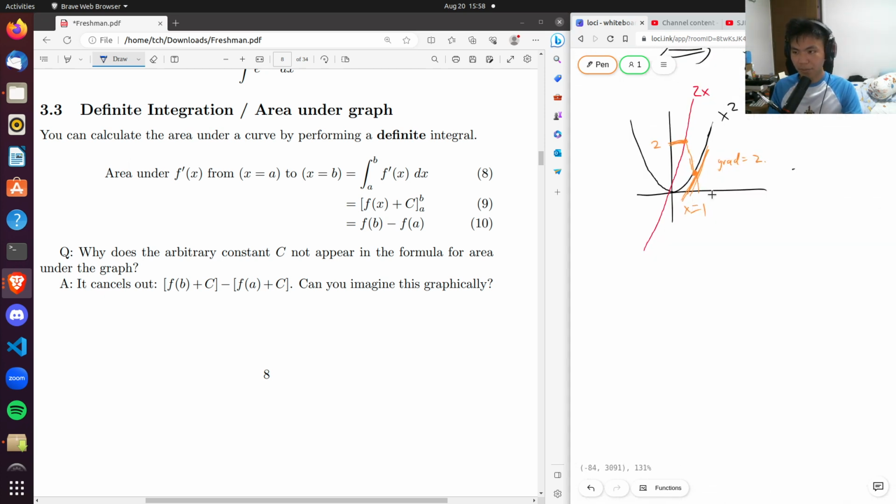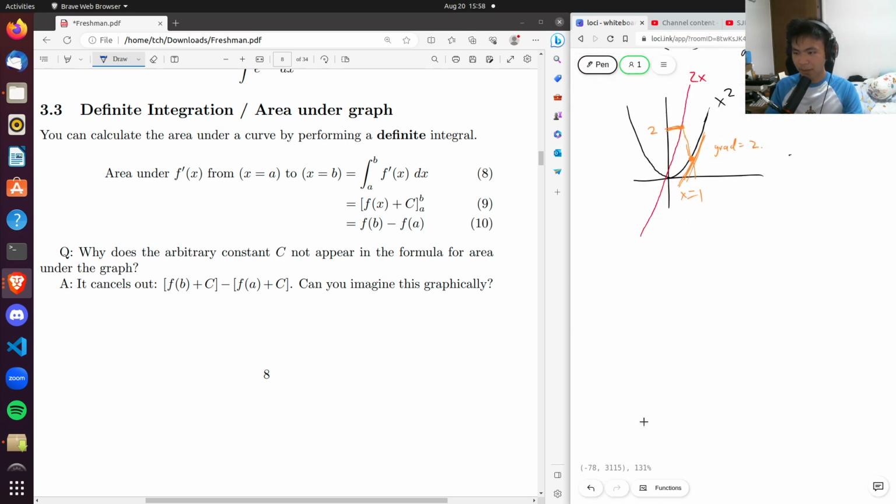Now, what's the geometric intuition for the integral? It turns out it's the area under the graph. So let's say I plot y equals x for a simple example.